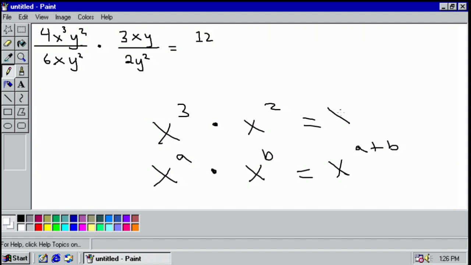So in this case, we have x cubed times x squared, so 3 plus 2 is 5. Easy as that.